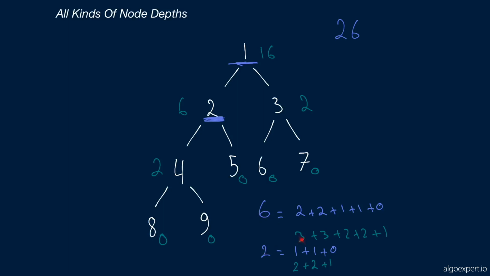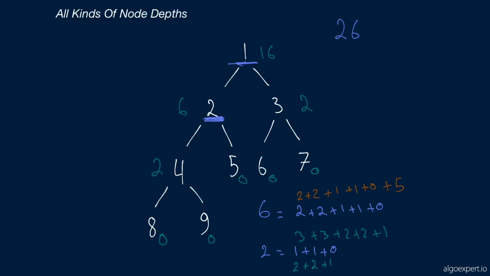In other words, here, 3 plus 3 plus 2 plus 2 plus 1 was obtained by adding 1 to all of these values, or what we could have done is 2 plus 2 plus 1 plus 1 plus 0, plus the total number of nodes in the tree that was rooted wherever we got the 6, which is here, the tree rooted at 2. How many nodes were in this tree? 1, 2, 3, 4, 5. So plus 5 here.